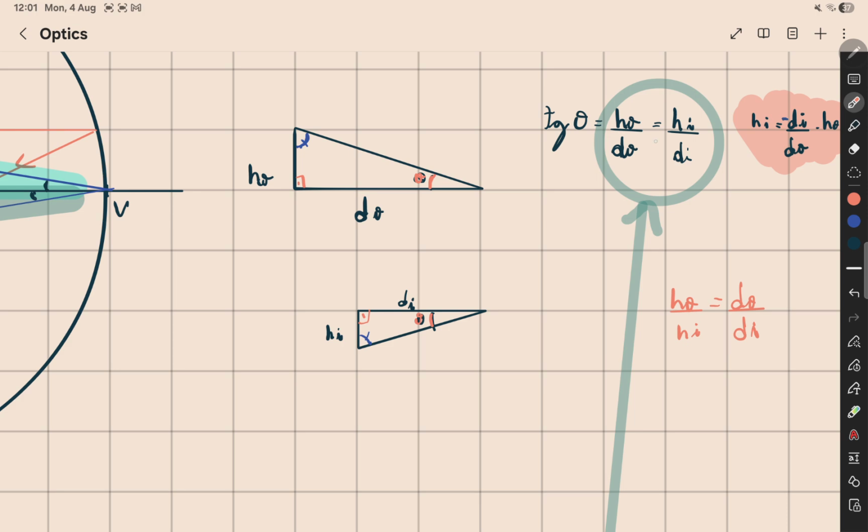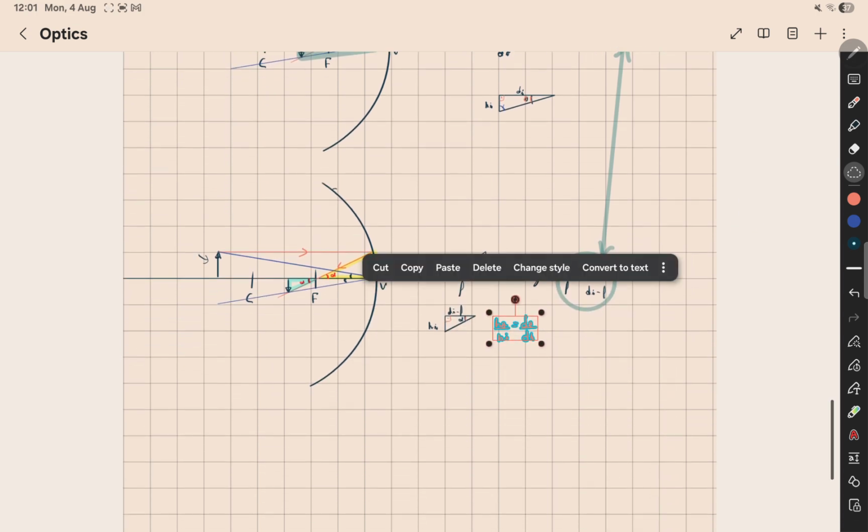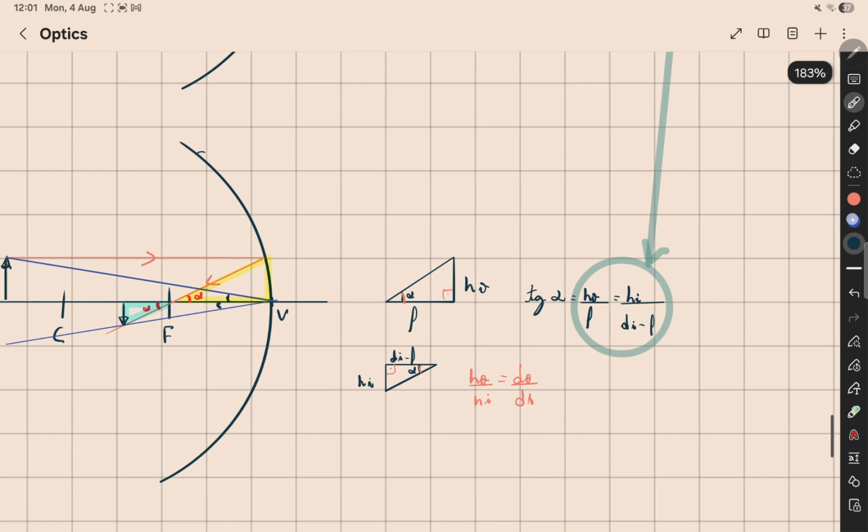I just cross multiply, switching places, and I get this relationship here. And from the second equation, I'll do the same thing to move this here and this there.